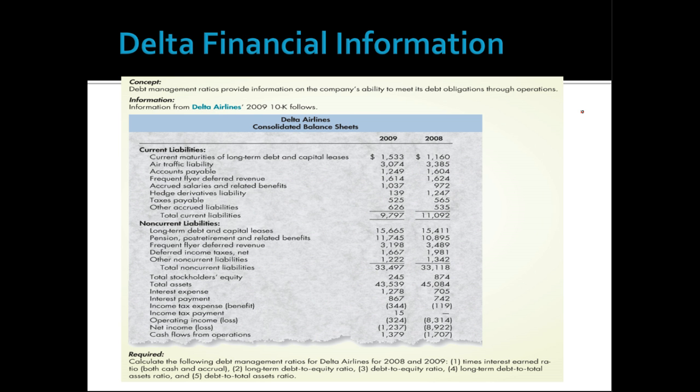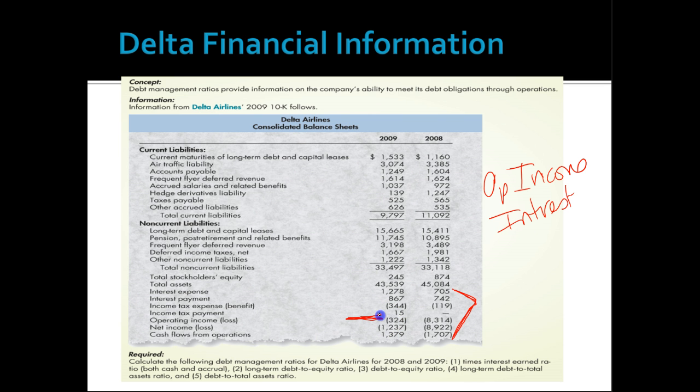Now these are a mix of their balance sheets, and if you notice, there are several items of income statement information down here for years 2008 and 2009. What I'm looking for is operating income, right? And interest expense. So operating income, I'm going to go down here and discover, let's look at 2009.